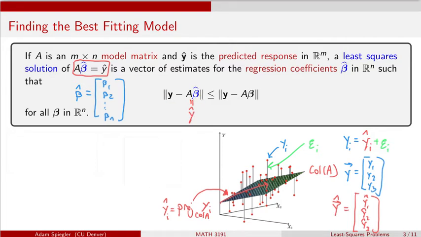When I take the difference of these two vectors, we get the error in each prediction. We want beta hat to be chosen so that these errors are as small as possible, in other words, smaller than if we would have chosen any other combination of coefficients.